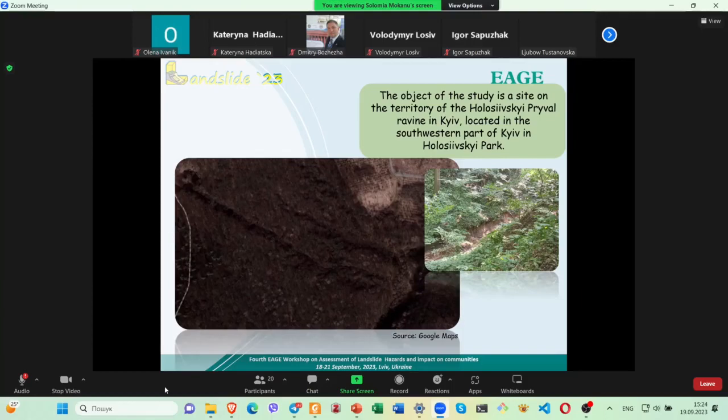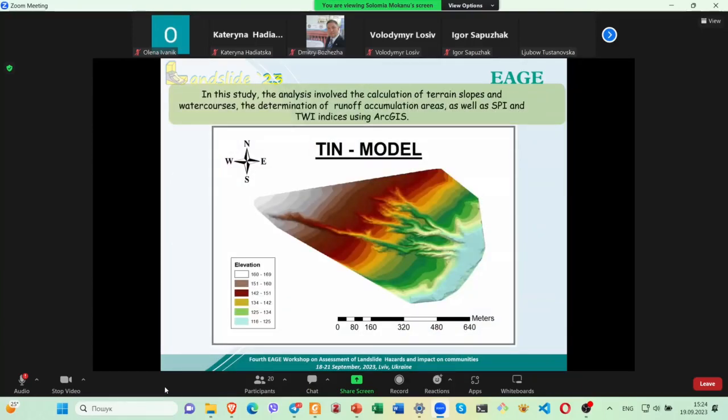The modern genetic type of relief refers to the modern relief, floodplain, and gully bottoms with alluvial deposits. In the studies, we calculated terrain slopes and watercourses, runoff accumulation areas, as well as SPI and TWI indexes using ArcGIS.